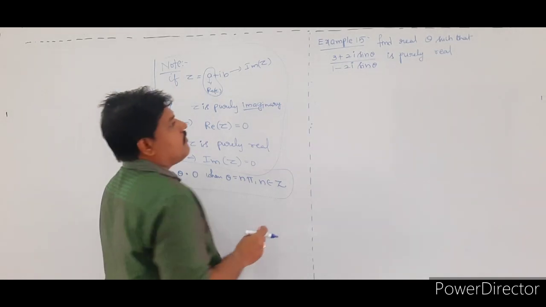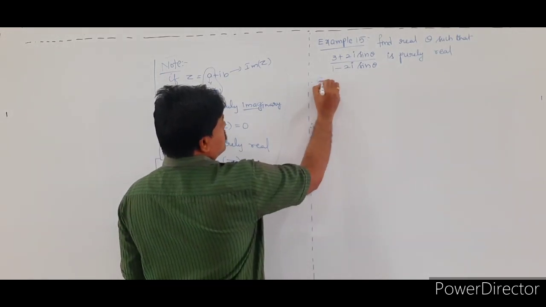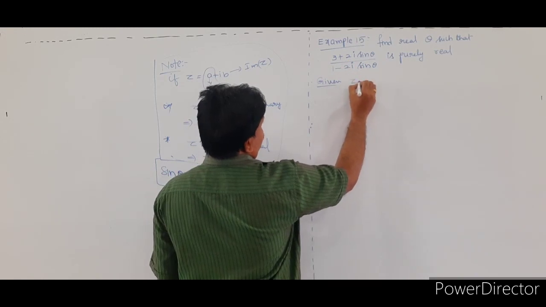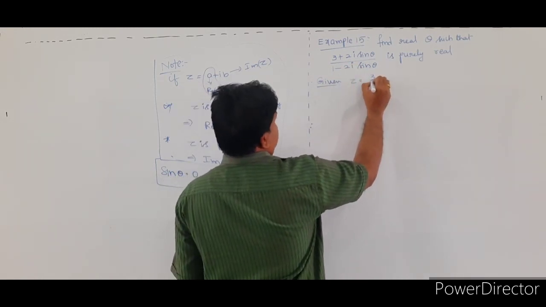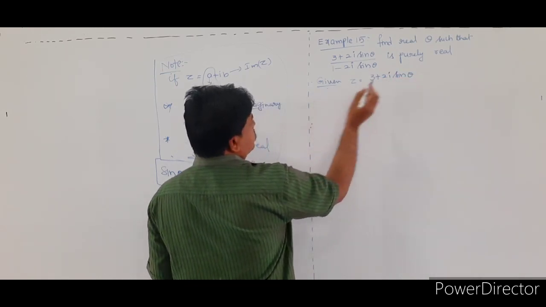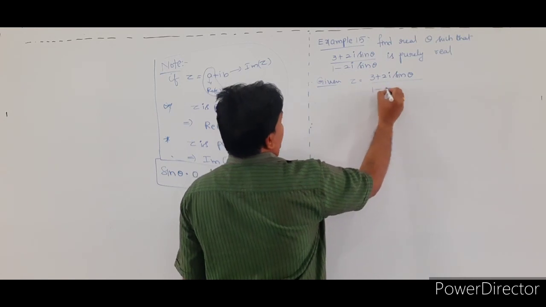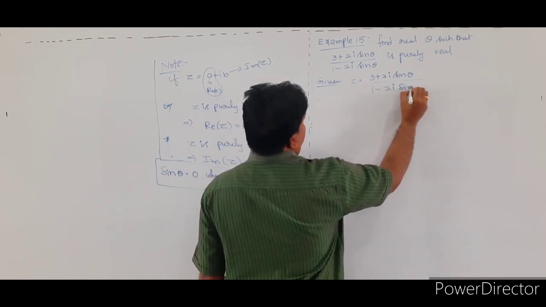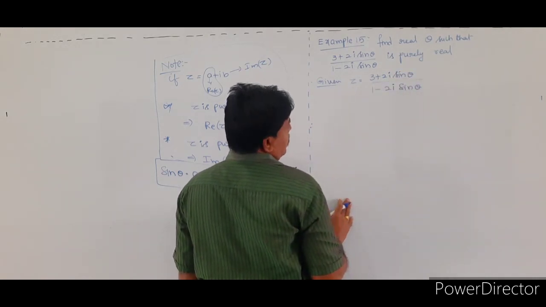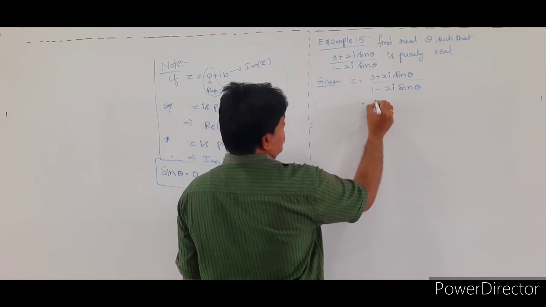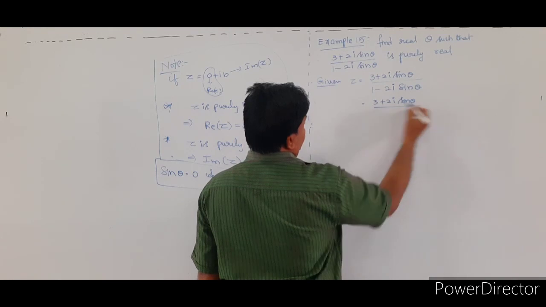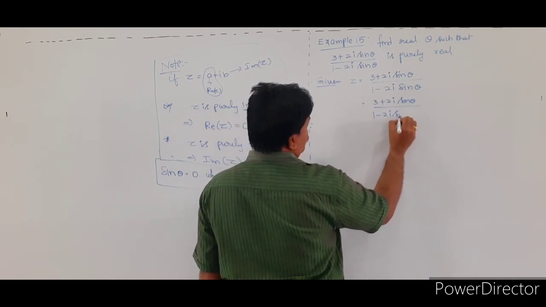Okay. So first, what I will take here. See that one given. I am taking z is equal to (3 plus 2i sin theta) by (1 minus 2i sin theta).